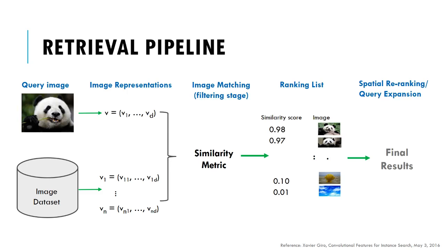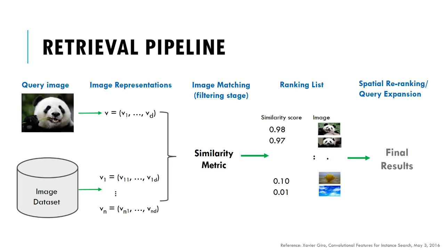I want to highlight for you guys that the key point here is really all about image representation and how we can rank these images when we compare them. Our goal is to find a global, compact, rich representation for each image.